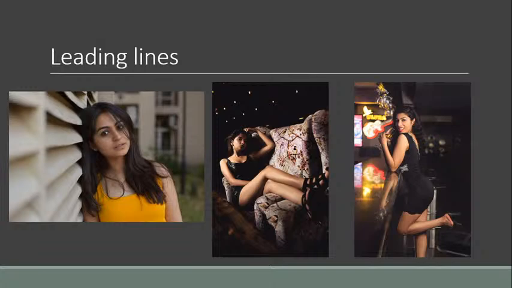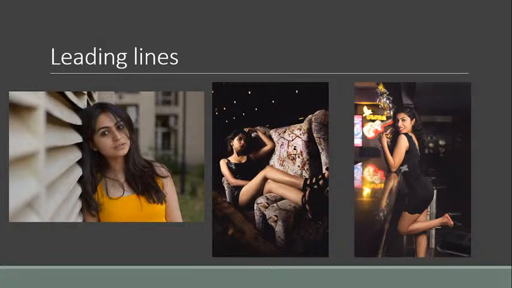So either you can use something apart from the model as a leading line, such as in the left side pictures, where the wall lines are used as leading lines to get into the frame towards the model, who is the main focus. And in the second picture, it's the legs of the model which act as a leading line, which goes right to the face of the model, and it gives more drama.